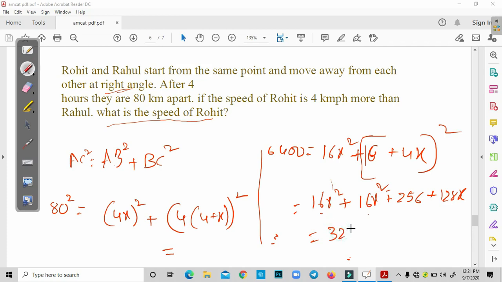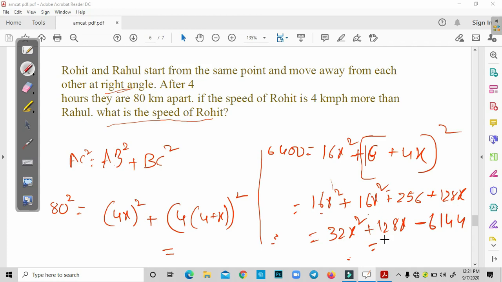That means 32x square plus 128x minus 256 minus 6400, which is 6144. Now find out the value of x.